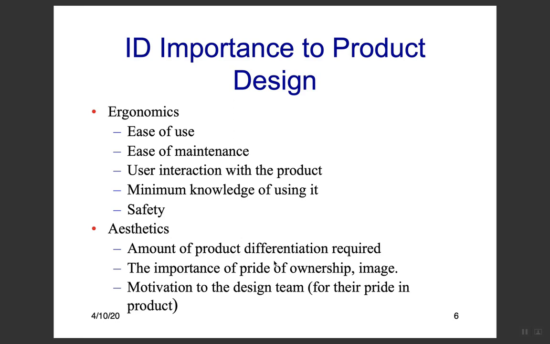And if we look at industrial design, or ID, we try to categorize and extend the needs into industrial needs rather than customer needs. But basically, there is no significant difference.